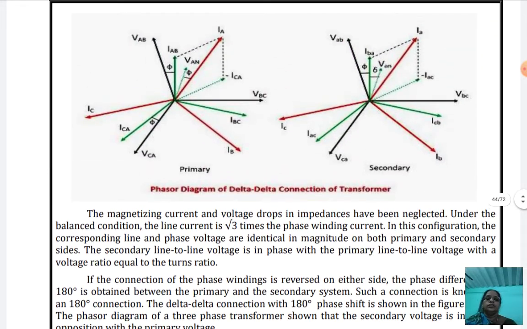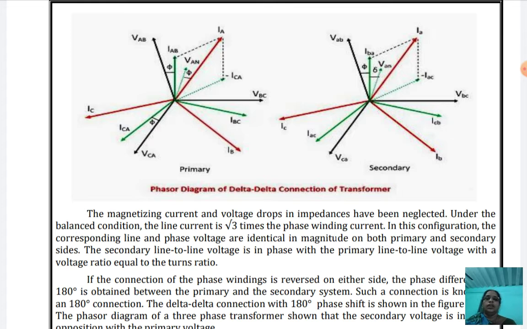Now we see the phasor diagram of the delta connection. VAB, VBC, VCA are the line voltages, and IA, IB, IC are the line currents, and then you can draw the vector diagram. You can draw a 120 degree phase shift between VAB, VBC and VCA.